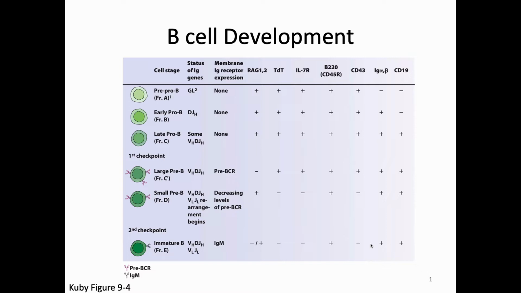So what types of things are being done by the pre-B cell? Aaron? We're going to make a light chain. So we're going to make light chain.